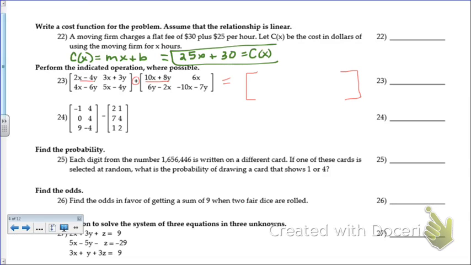So we're going to do row 1, column 1 plus row 1, column 1, which is 12x plus 4y. So that's going to be your first entry. And then row 1, column 2 plus row 1, column 2 would be 9x plus 3y.